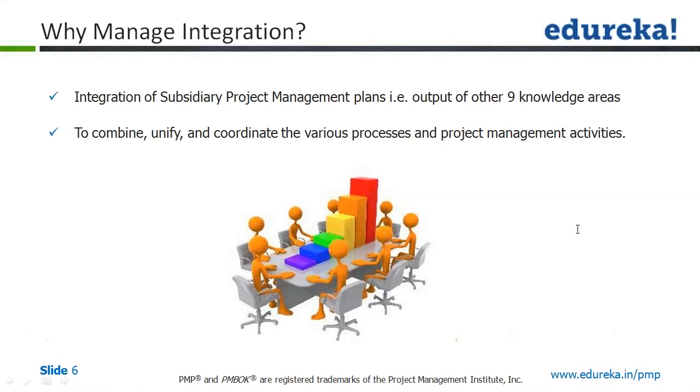Once we use this term in any of the slides from now on, by default it means the output from the processes from Project Scope Management through Project Stakeholder Management. That's the purpose of assigning a name to it.